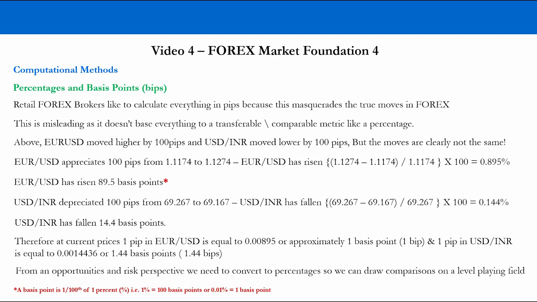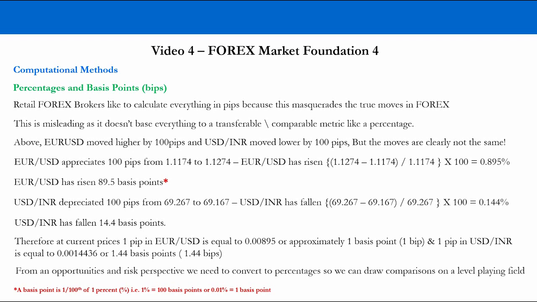So above, in the example, euro-dollar moved higher by 100 pips, and we also looked at dollar Indian rupee, and that moved lower by 100 pips. So they both moved by 100 pips, but the moves clearly are not the same.